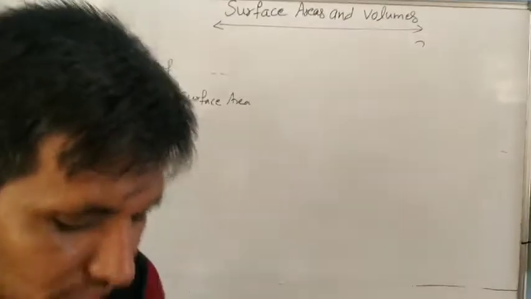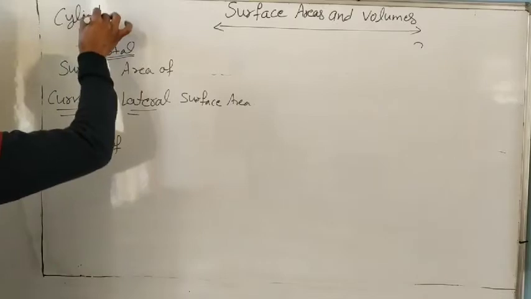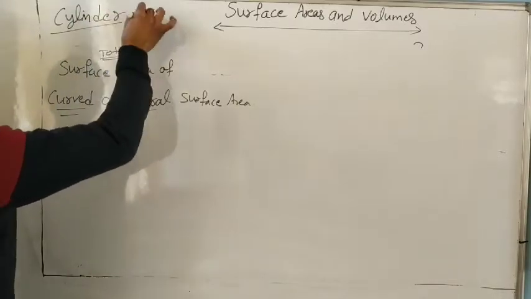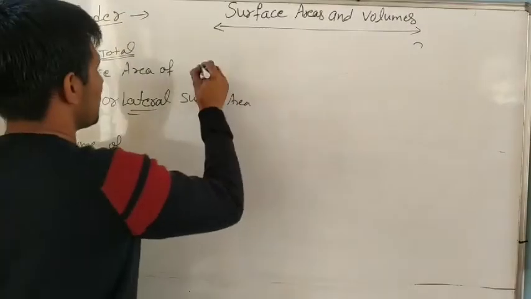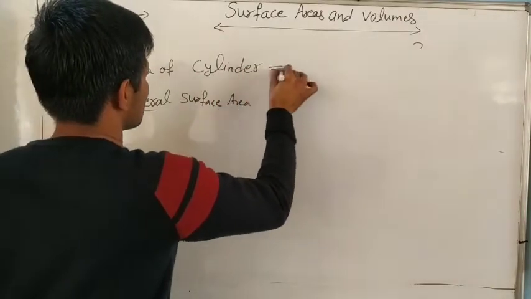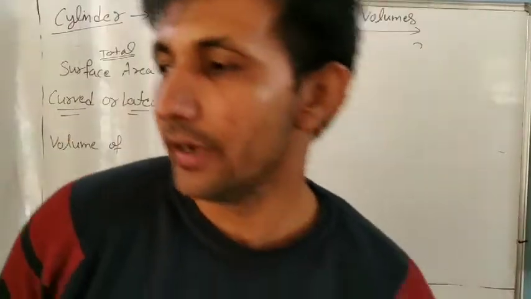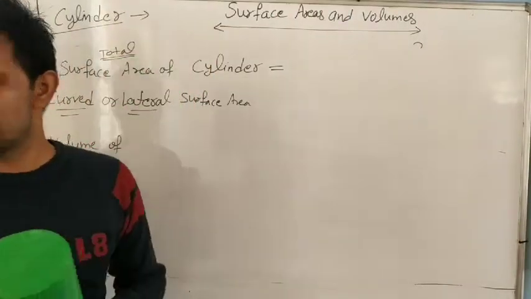Now next is cylinder. Surface area of cylinder. Yes, everyone knows it is a cylinder. Okay, it is a cylinder or not?